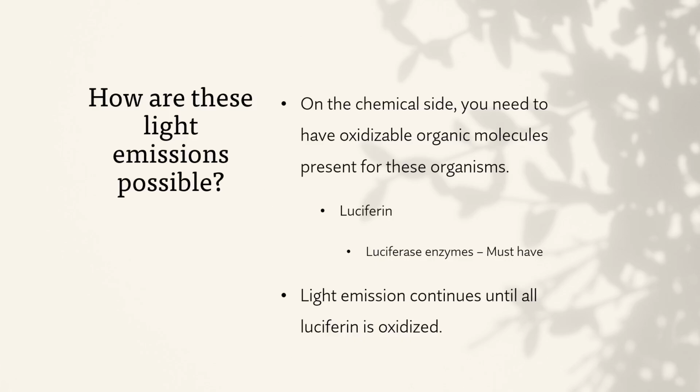There is this chemical, luciferin, that needs to be oxidized in order to emit this light. If there was no luciferin, there would have to be some sort of substitute if we were going to have our bioluminescence still. But luciferin is the main chemical that is responsible for helping these organisms have this light emission.